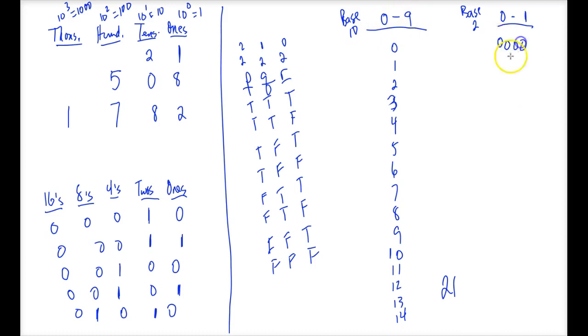So we'll start off with 0, and then this will be 1 in binary, because we have one group of 1 and nothing else. 2 would be one group of 2 and nothing else. 3 would be one group of 2, one group of 1. 4 would be one group of 4 and nothing else. 5 would be one group of 4 and one group of 1. 6 would be one group of 4, one group of 2, and nothing else. 7 would be one group of 4, one group of 2, and one group of 1, because 4 plus 2 plus 1 is 7.